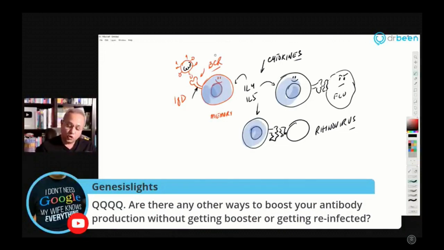Only those B cells that have actively connected with the pathogen will become active when cytokine is given or spilled on them or poured on them. So look at me for a second.